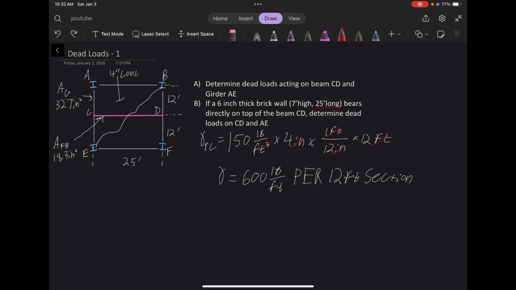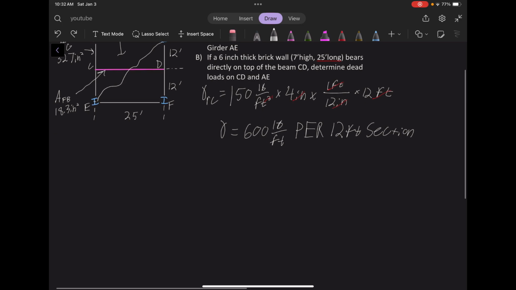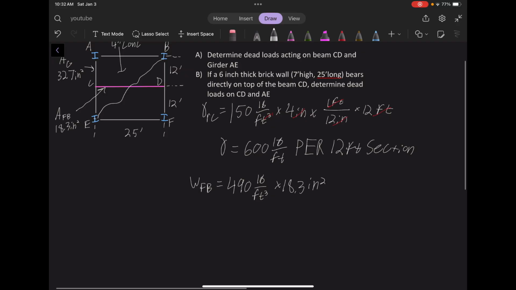Okie dokie. Moving on, we're going to do the unit weight of the floor beam. So we're going to use AFB here. I'm going to call this WFB, which from my text is 490 pounds per foot cubed times 18.3 inches squared times, now we can't just do 1 over 12, we have to square that as well.